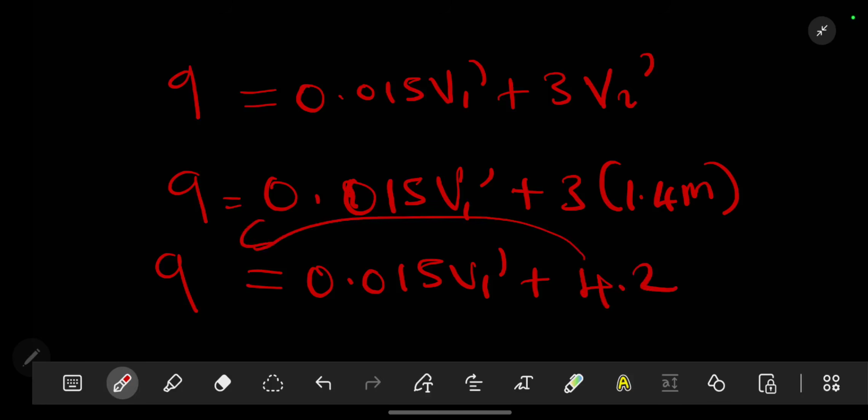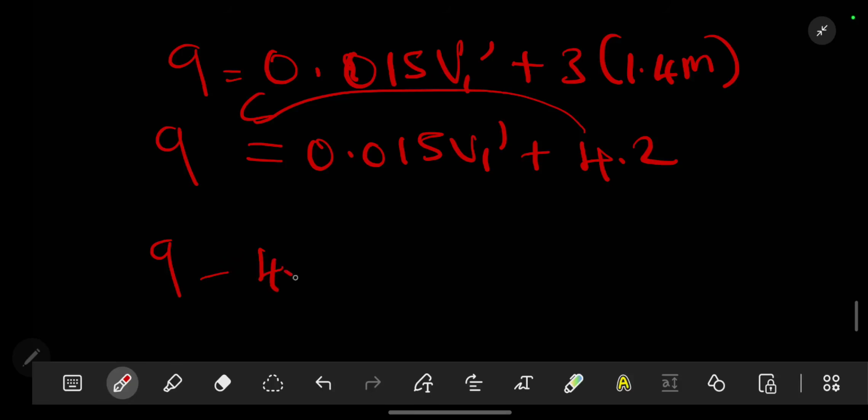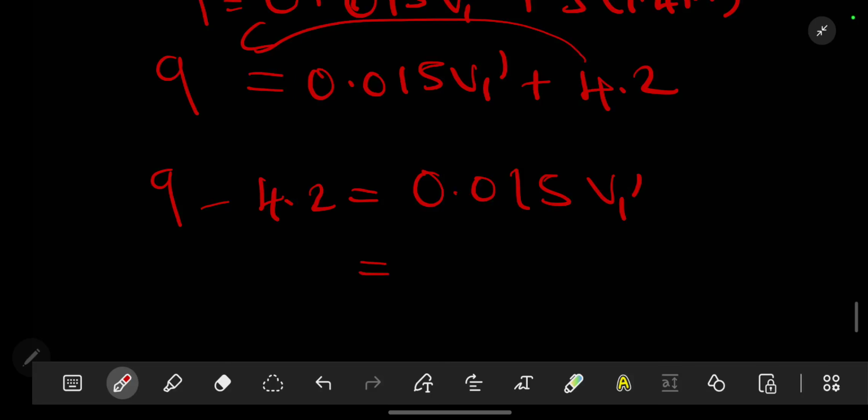We take it to this side, so it will be 9 minus 4.2, which will be equal to 0.015 v1 prime.